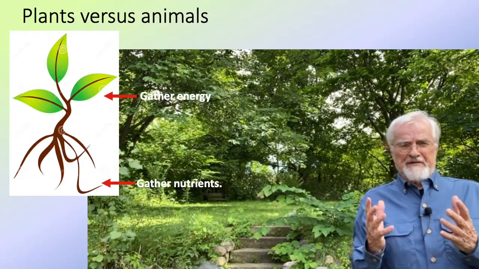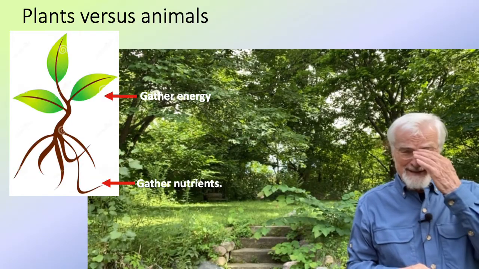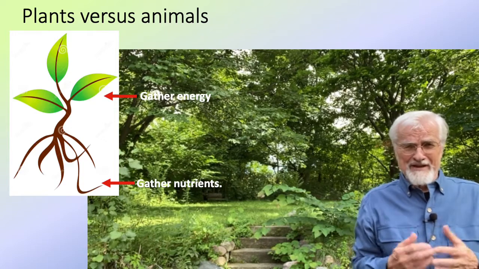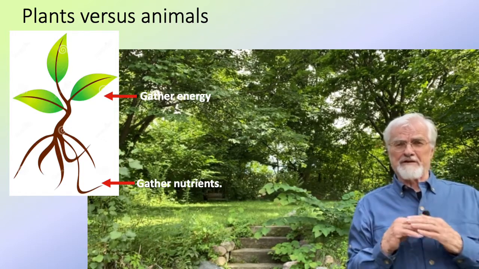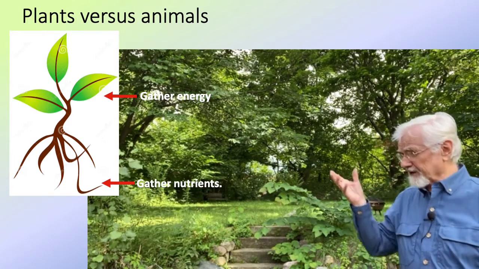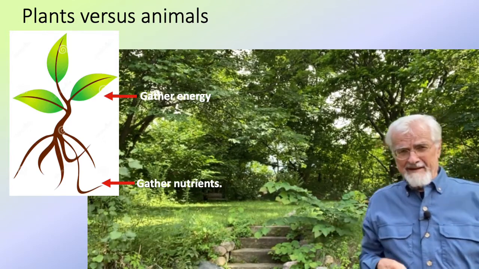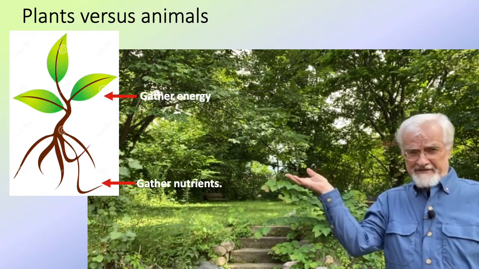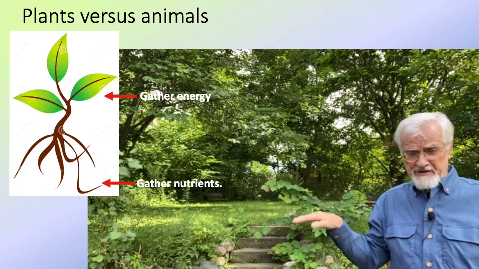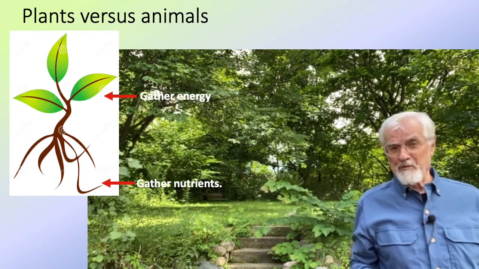Now, stop to think of the way a plant operates, what a plant's life is about. You have the leafy material on top, the green material on top, and then you have the root material on the bottom. What happens there is you get energy on the top, and you get your nutrients on the bottom. Now that's very different from what we do, right?